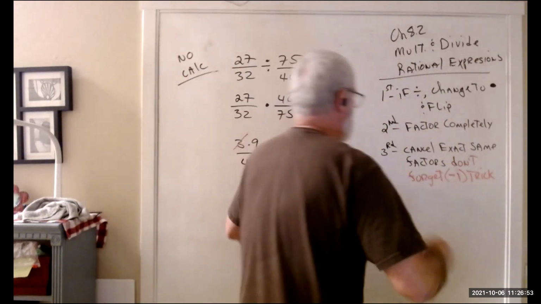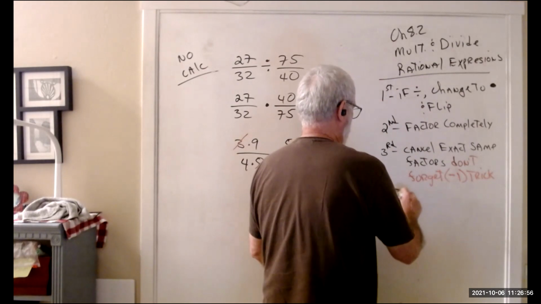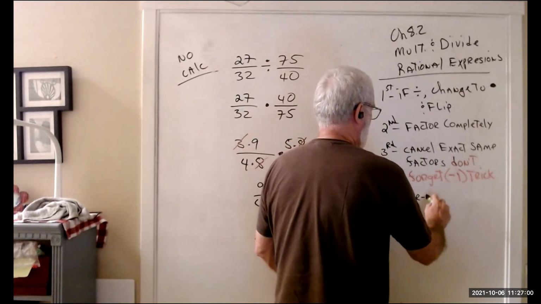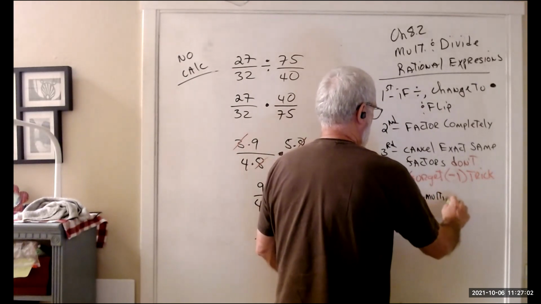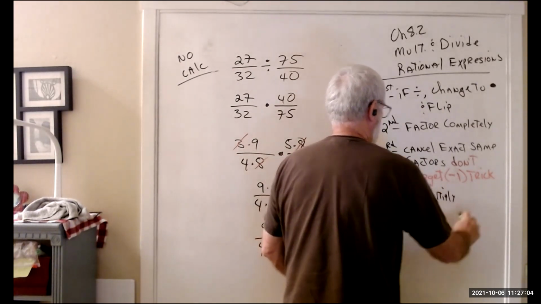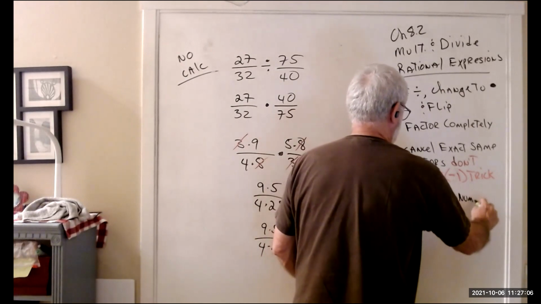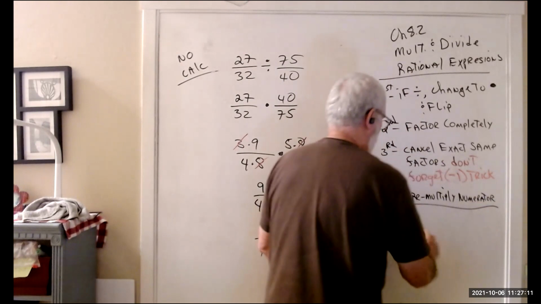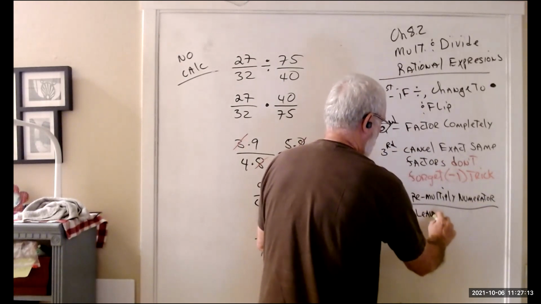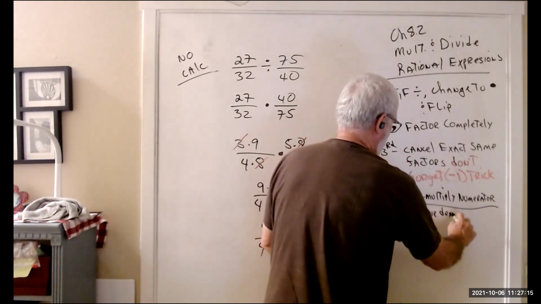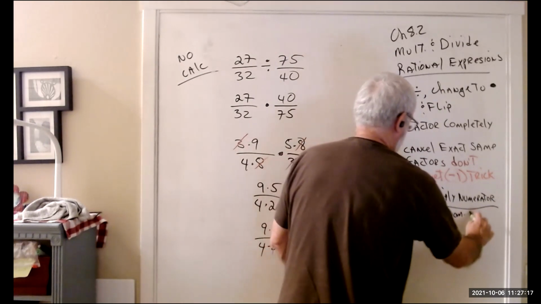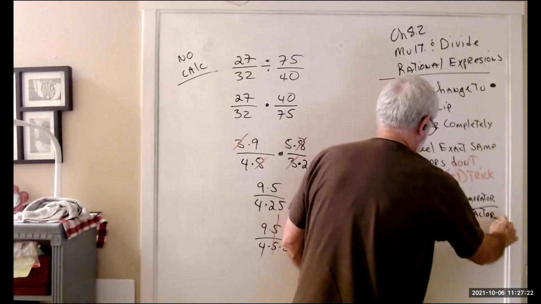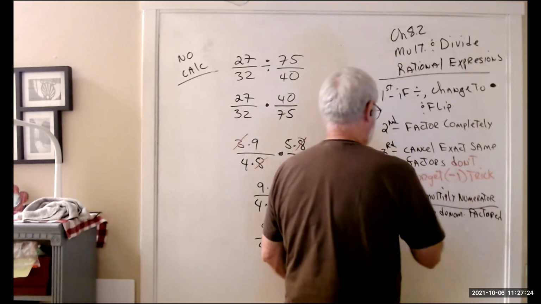And lastly, and this is a little bit weird, fourth, we're going to re-multiply the numerator and we're going to leave the denominator factored. And I will show you what I mean when I say that.